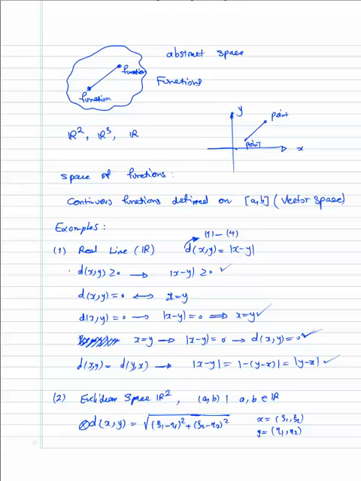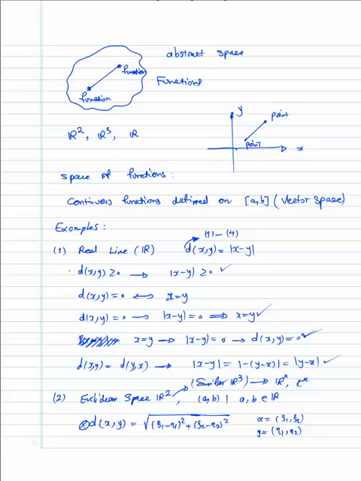You can also extend this Euclidean space R2 to spaces with more than 2 dimensions, which is R3, or similar. Okay, and also go to Rn or even Cn.